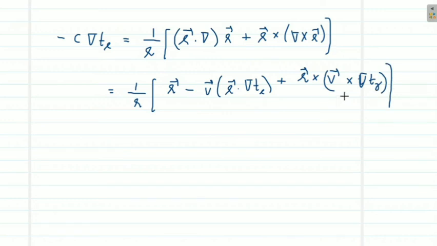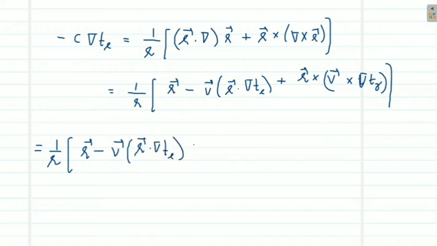So in the last term we have a triple product, so we can apply the BAC-CAB rule there. So this is equal to 1 by r into r bar minus v bar into r bar dot del tr plus the BAC-CAB rule terms.